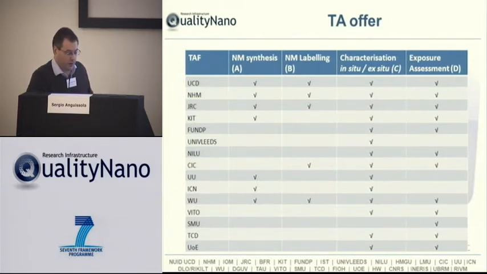We can do radio labeling as well as isotope labeling for different uses of exposure. We can do characterization in situ and ex situ, which means particularly in complex biological matrices or biological fluids. And then we can also do exposure assessment, and we have several different, mainly in vitro, exposure platforms.